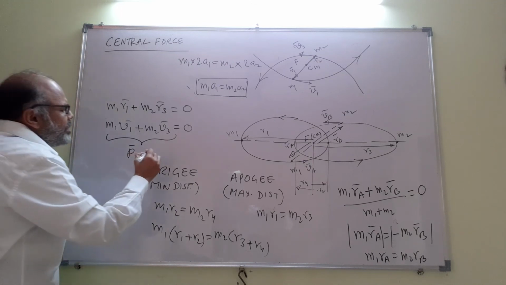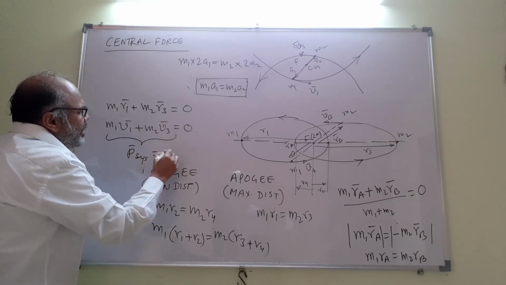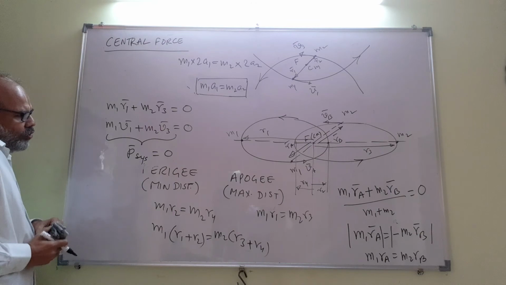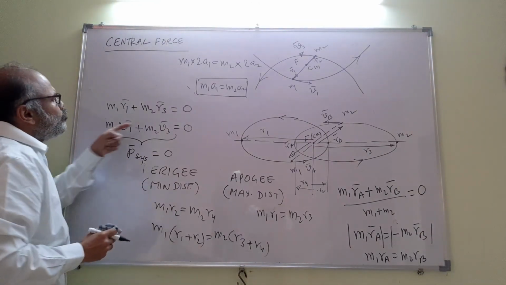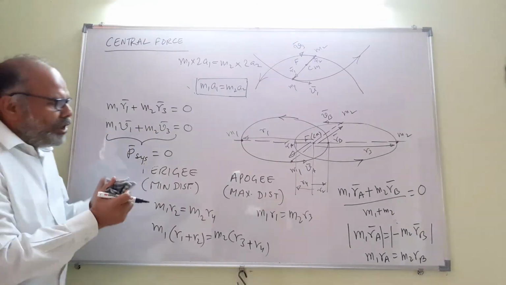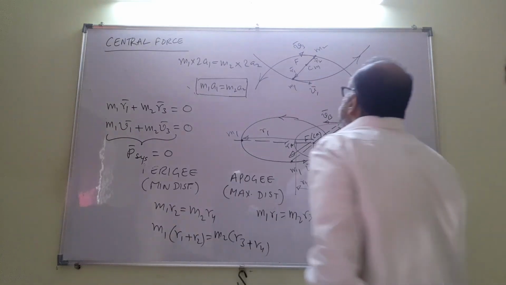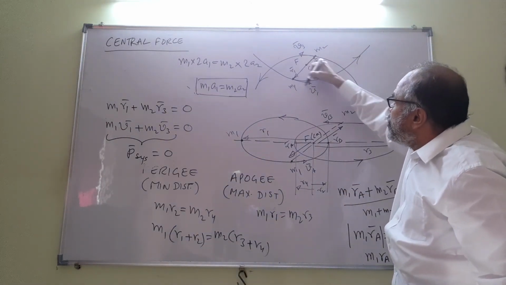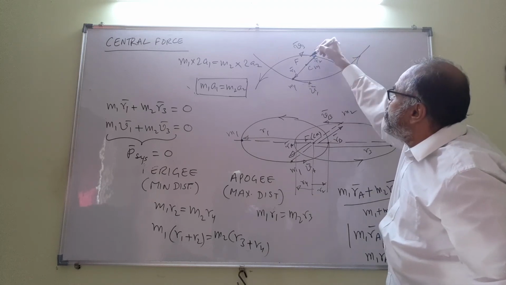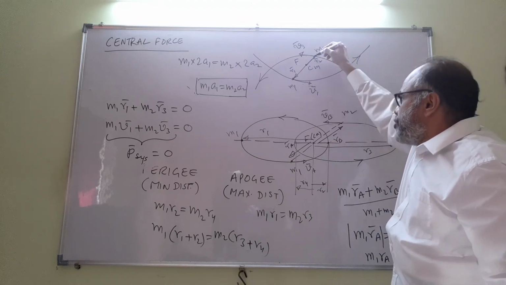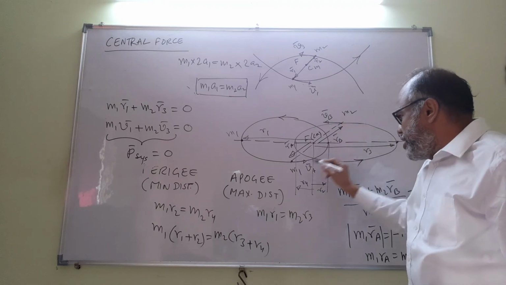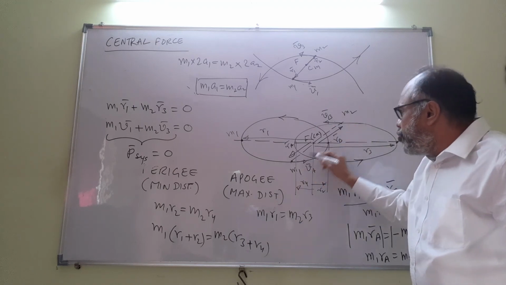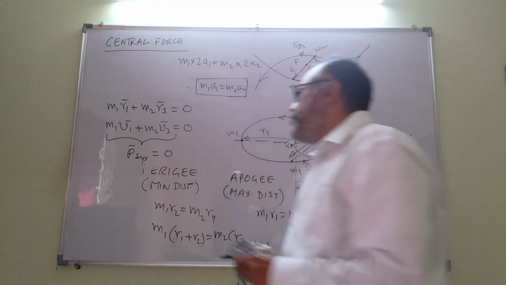So the linear momentum of the system with respect to the center of mass is always 0. That means these two vectors will always point in the opposite direction. In this case, V1 is this way and V3 is this way. Similarly here, VB and VA would be pointing in opposite directions.